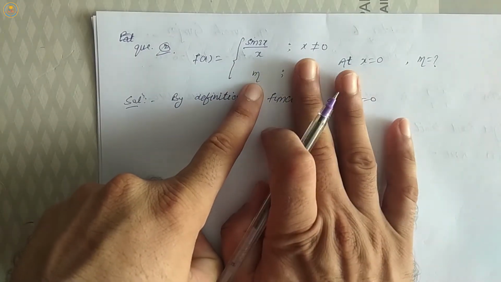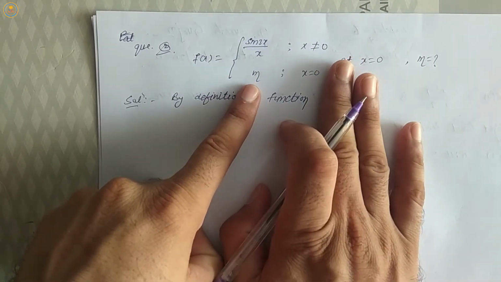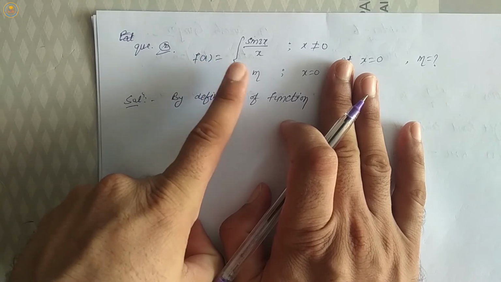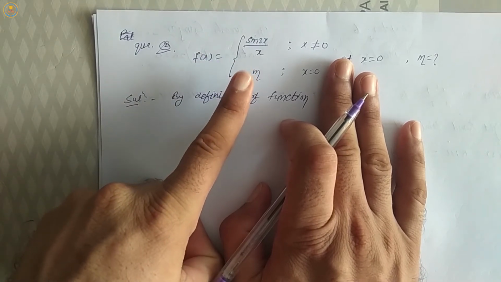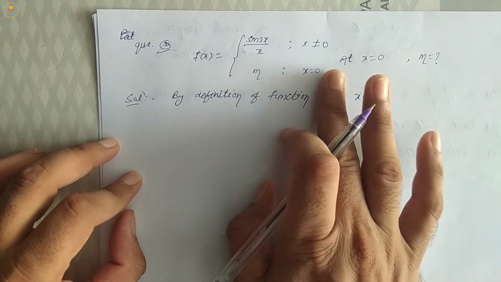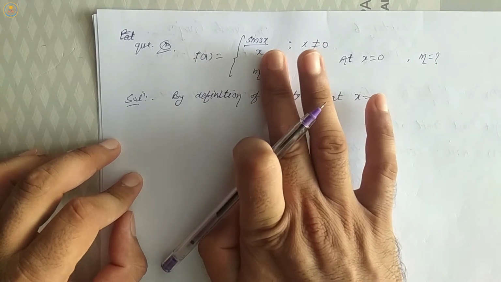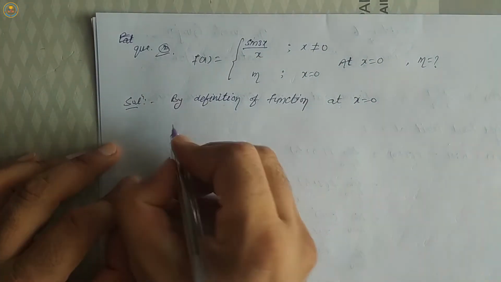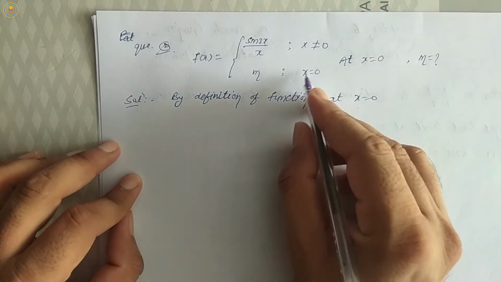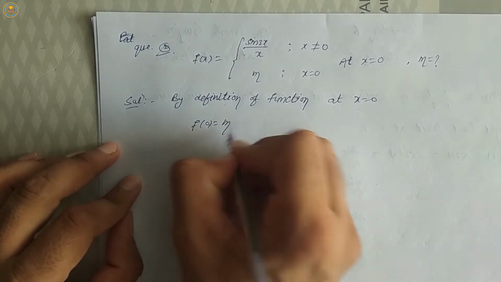When x not equal 0, it means x greater than 0 and x less than 0, then the value of f(x) is equal to sin 3x/x. Two types: x = 0, f(x) = m; x not equal 0, f(x) = sin 3x/x. Because x = 0, it means f(0) = m.